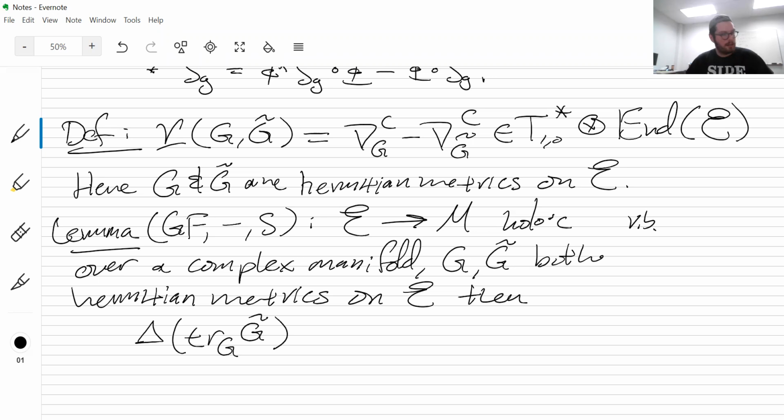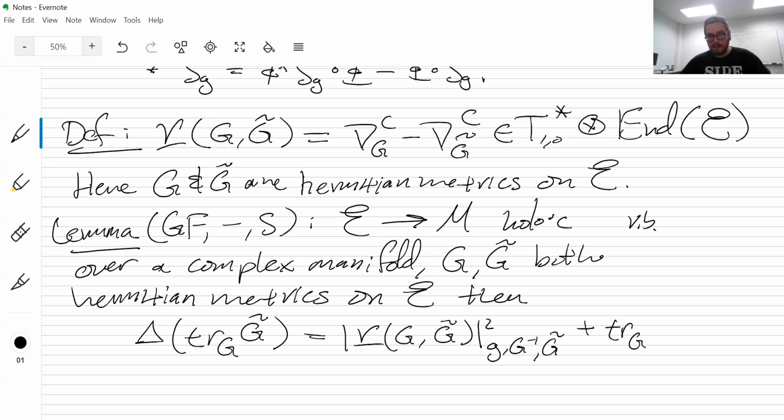The Laplacian of the norm of G tilde is equal to our nice, positive term, upsilon G tilde squared, in the correct metrics, like G inverse G tilde, plus the trace, the g trace of SGG minus SG G tilde, dot G tilde. Okay, so the trace is over the dots.